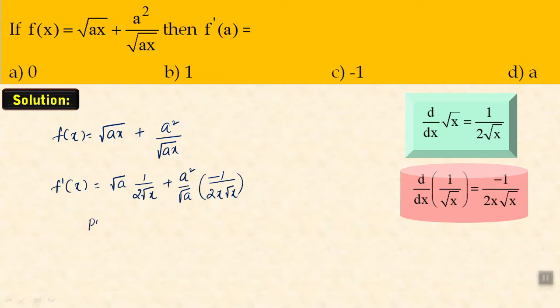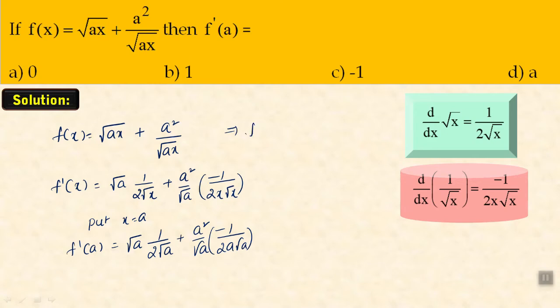In this, put x equals to a, we get f dash of a is equals to root a into 1 by 2 into root a plus a square by root a into minus 1 by 2a into root a.